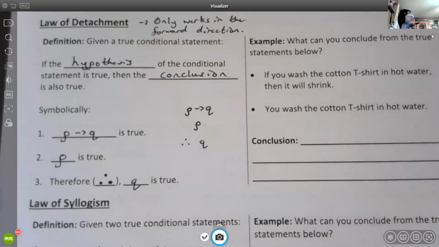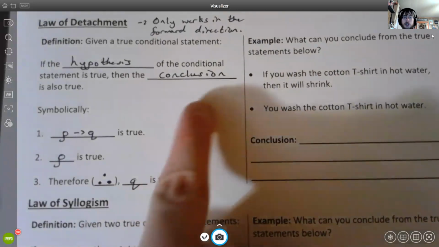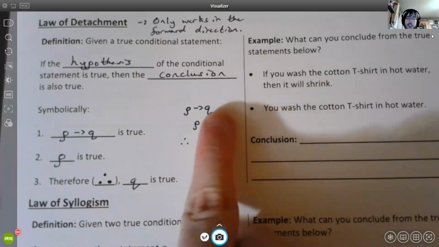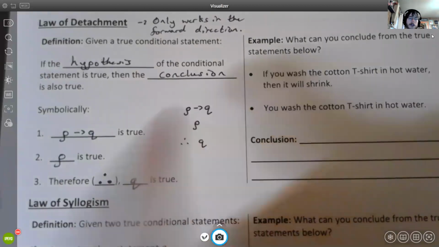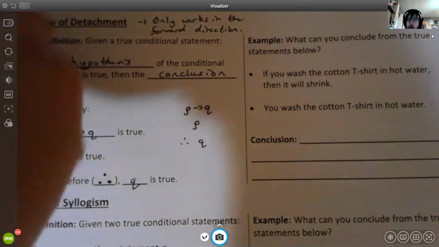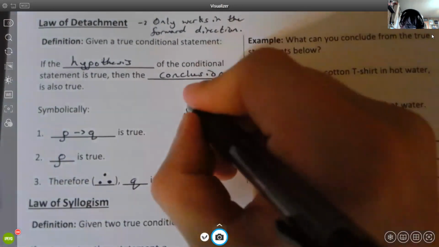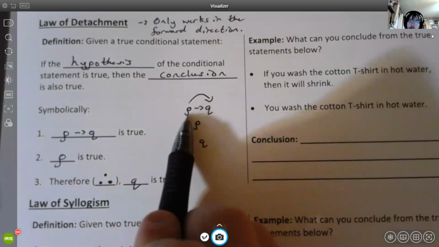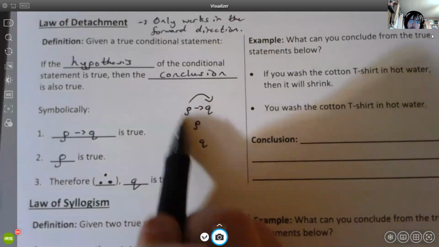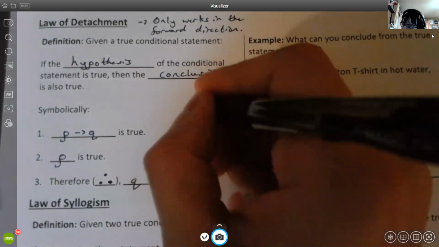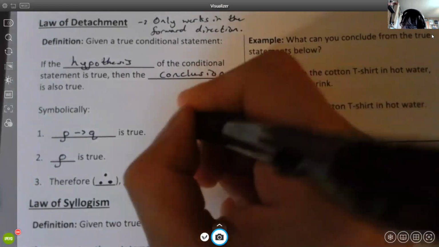So instead, what you're doing is you're working forwards, okay? Basically, you're detaching the conclusion after you've said that the hypothesis is true, okay? So this only works forward. It does not work backwards, okay? So whatever is here has to match up with whatever's here. So these two have to match.